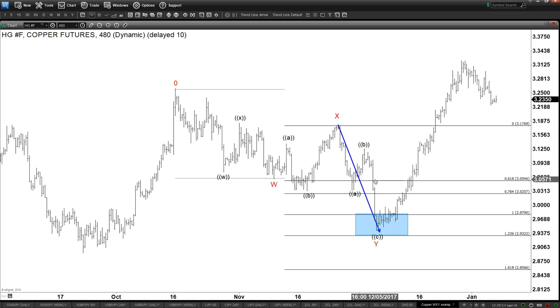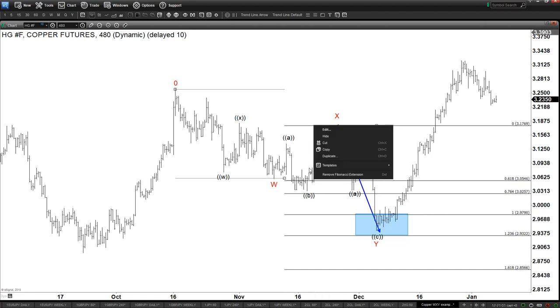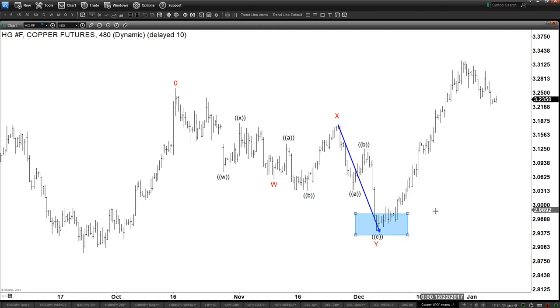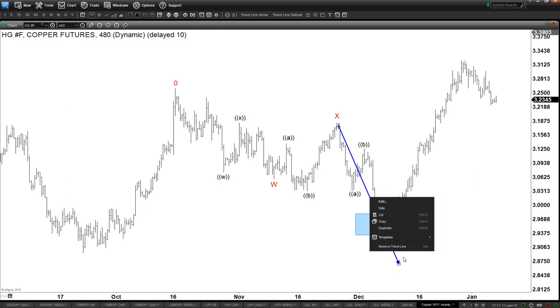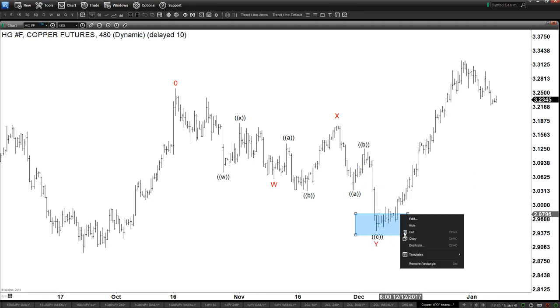It is a common relationship. It can even be only 61.8%, but I think the most important thing is it shouldn't pass beyond 161.8%, because then you should start questioning whether this entire thing is 1, 2, 3, 4, 5 when you see a very extended third swing like this. Okay, so let's take a look at how we make sense of this move.